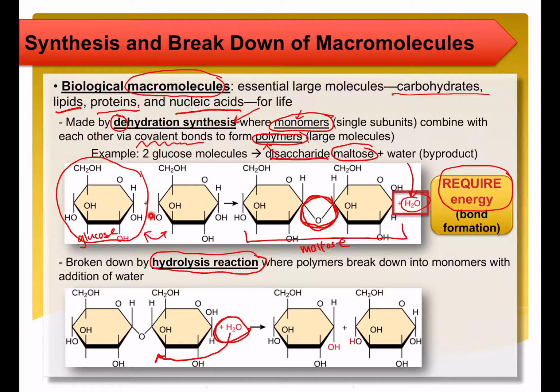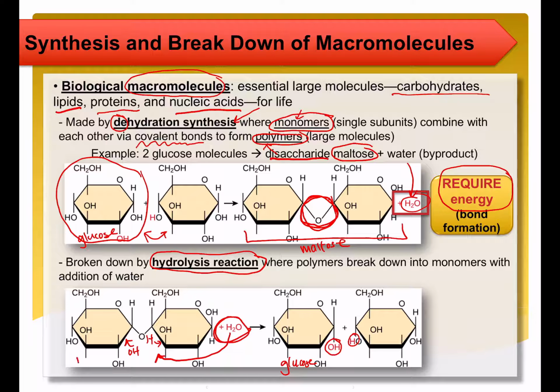In dehydration, we remove H and OH from the two glucose molecules to form the bond. Now we're going to add water so that one of those H's is going to come with this glucose, and then the OH group will be added to this glucose. And that's why you end up with an extra hydroxyl group in this glucose and this extra hydrogen in that glucose.